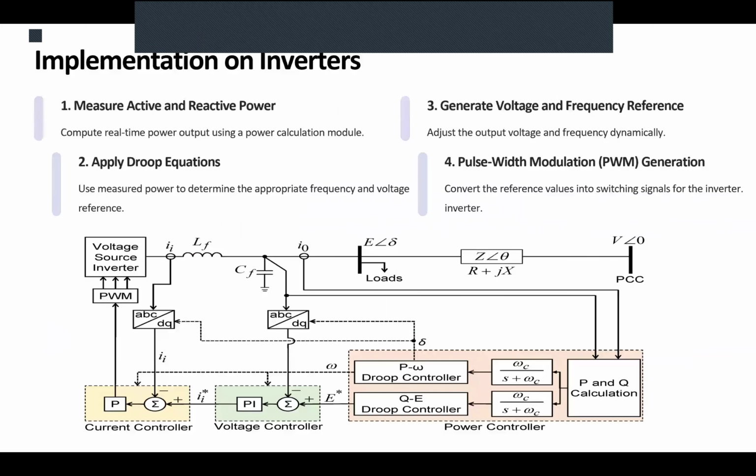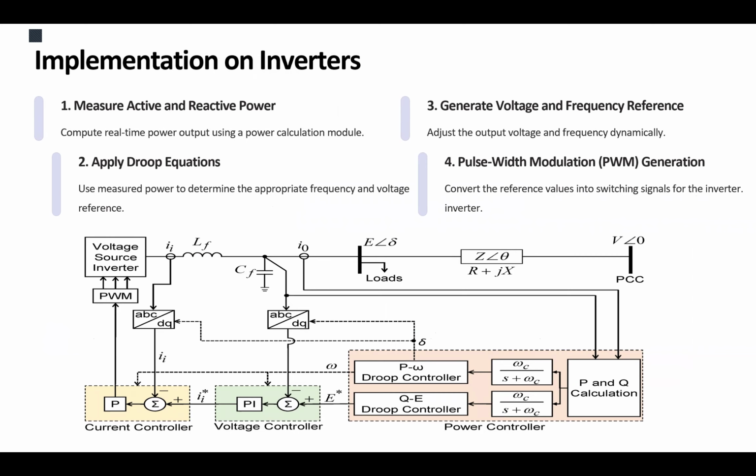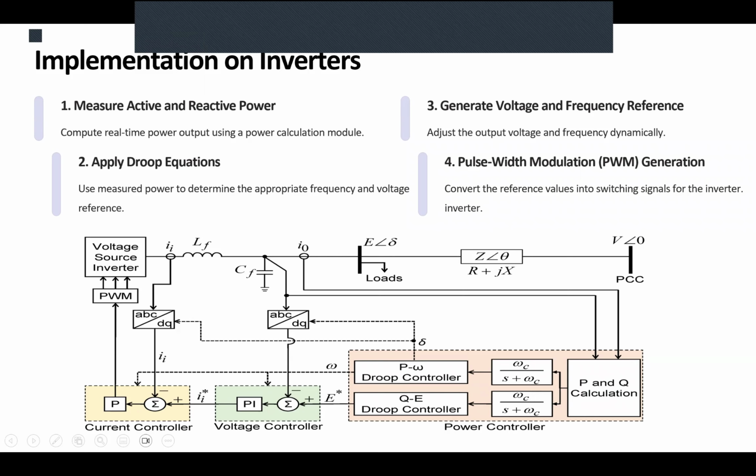Now, when you want to implement the Droop control inverters, the parts of the Droop control inverters could be divided into 4 categories, 4 groups, 4 boxes. One is the measurement. So basically, what you measure, as our formula showed, is the active and reactive power of the grid at the terminal.